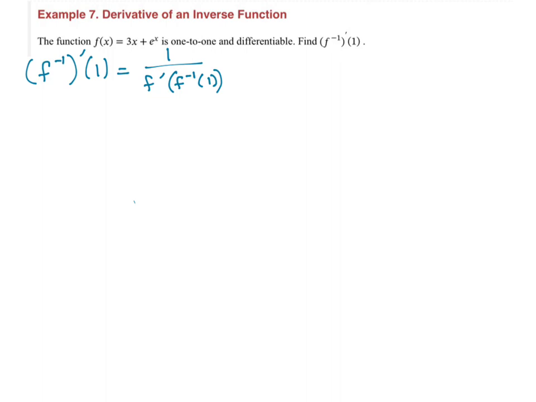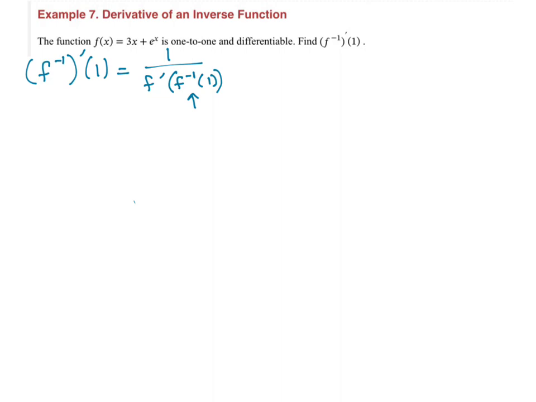This actually is a lot nicer than it looked. This formula lets me start on this little inside piece of information right here: 1 over f prime of f inverse of 1. So let's start in the middle. What is f inverse of 1?